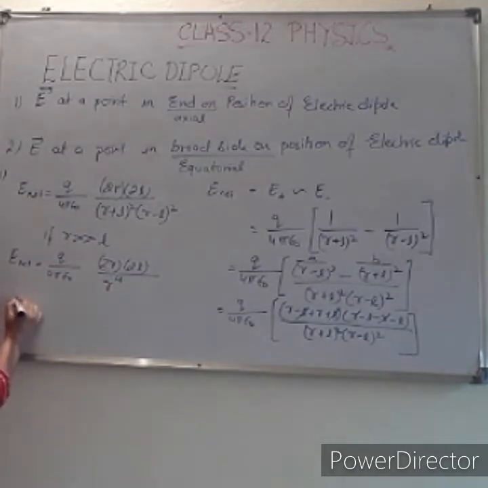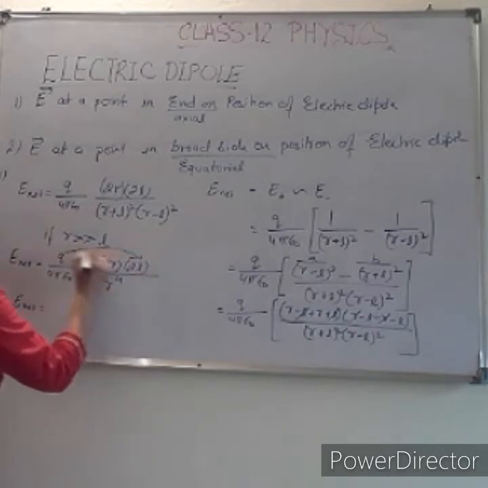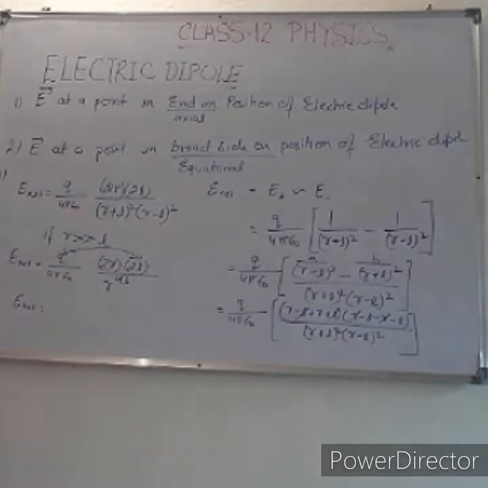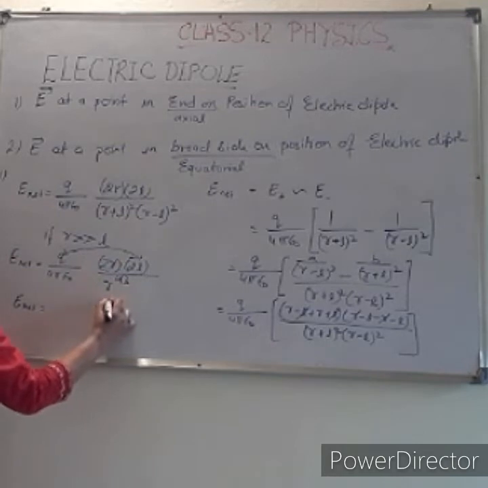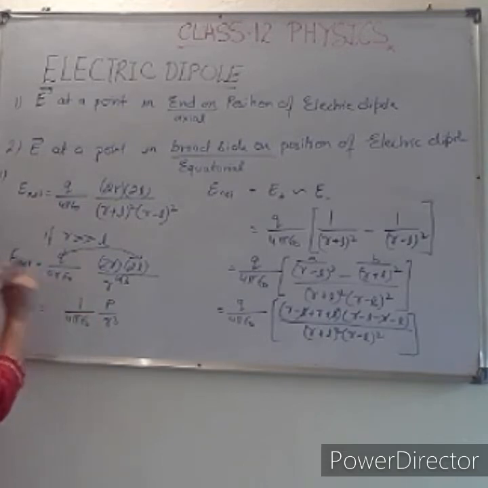Afterward, E net is equal to Q and 2L you can take along with, and R you can remove off that Q term. So here it will come as this 2 is the remaining part. This 2 into 2L into Q, that will be the term P. Afterward R cube in denominator. Afterward 1 over 4 pi epsilon naught, the constant term. This 2 is remaining part, this 2 you can take here.